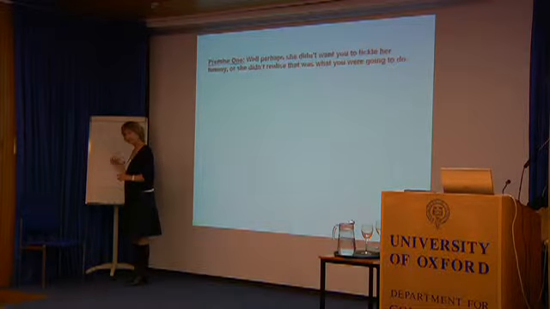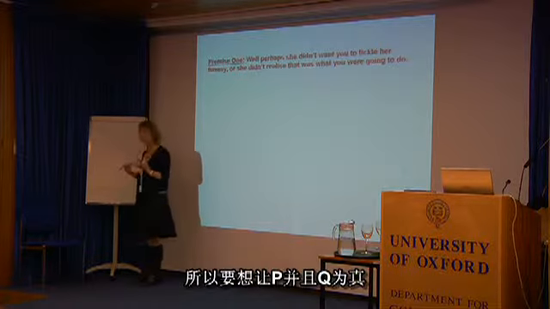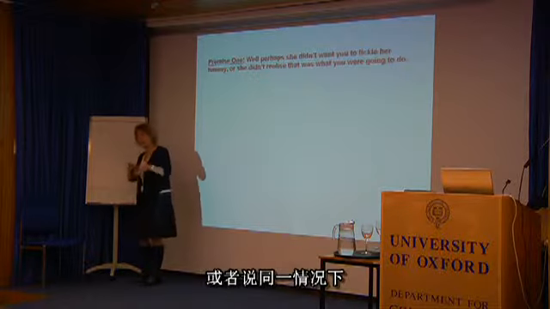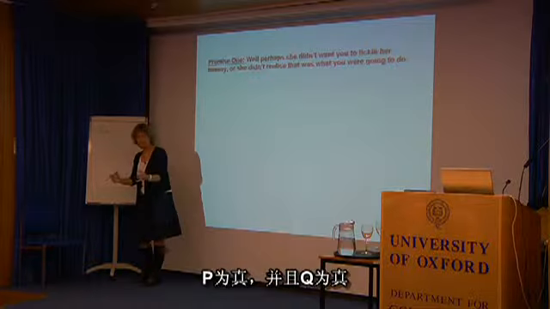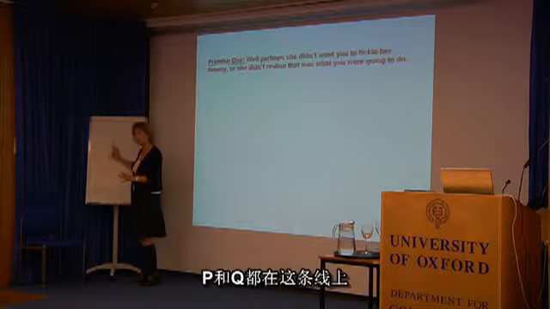Is that right? Do you see that intuitively? So what is it for P and Q to be true? Well, it's for P to be true and Q to be true in the same world, or in the same situation if you prefer. So I can represent it just with one line and putting P and Q on the same line.